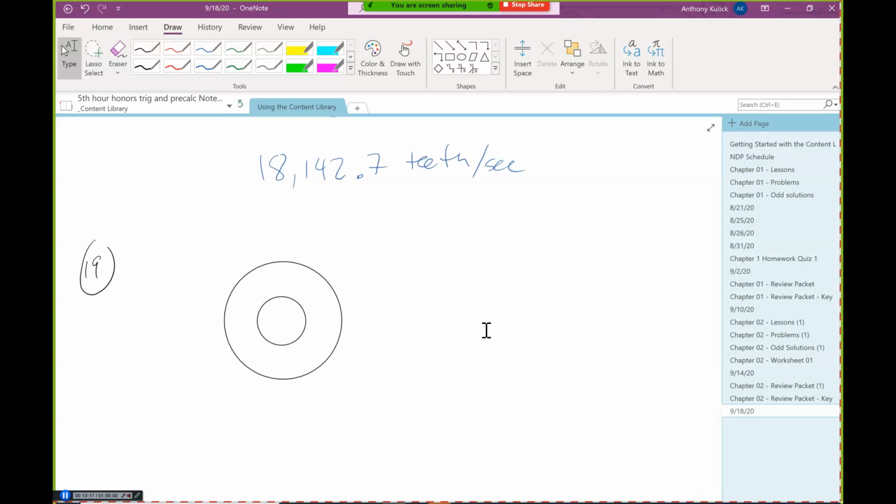It says 2 concentric circles are cut by the same angle. Okay. Well, let's draw in that angle then. The radius of the smaller circle is 4.1. So we'll label that radius as R1. And the cut arc measures 5.2.